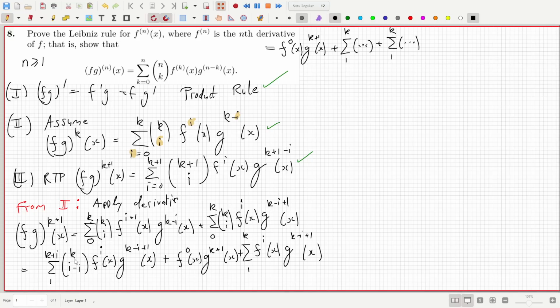And what I've done is in this sum I've just taken out the last one separately, so that would be k choose, so that's minus 1, k plus 1 minus 1, so that would be k choose k, f k plus 1 x, and then g, and then the I would be k plus 1. So that would be minus k, so it would just be 0 then.